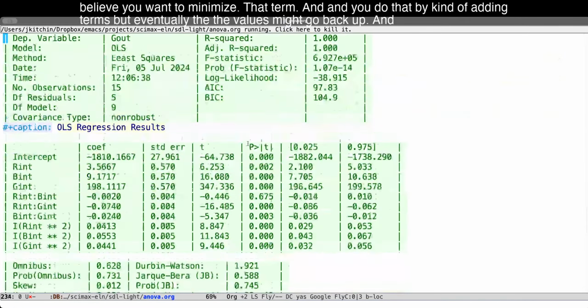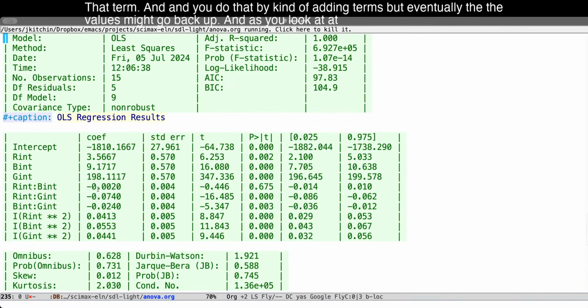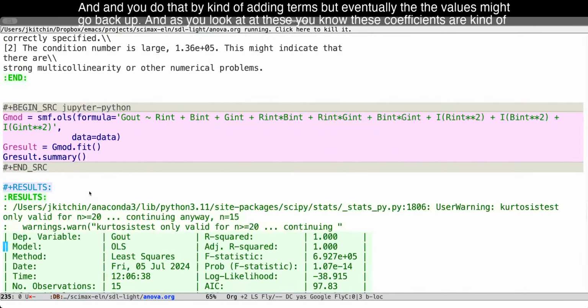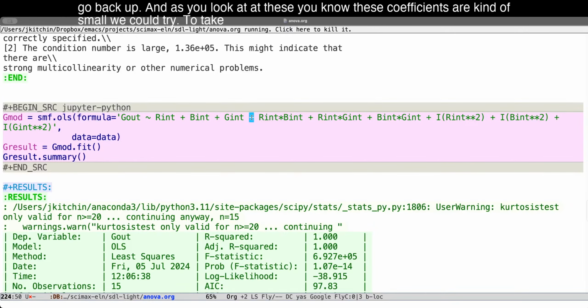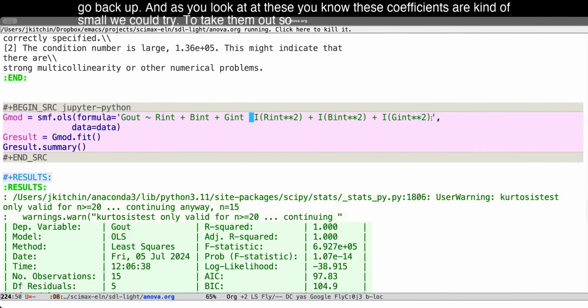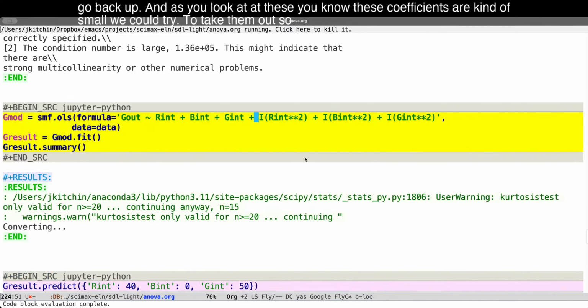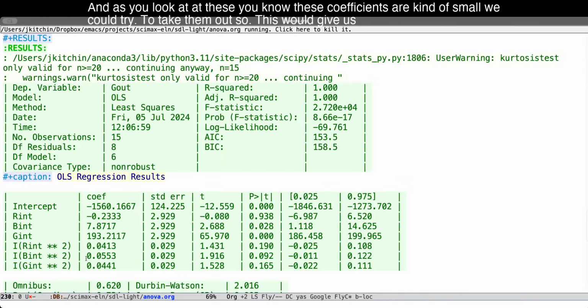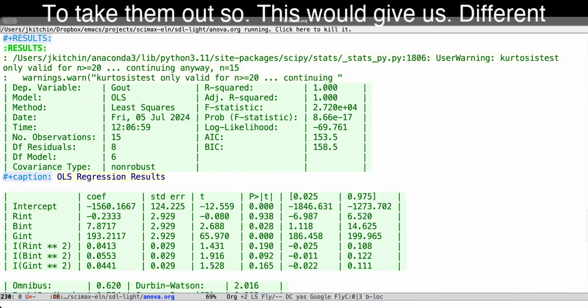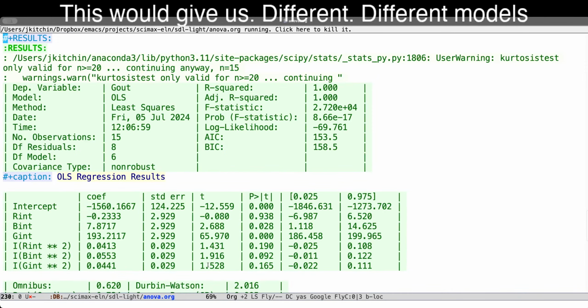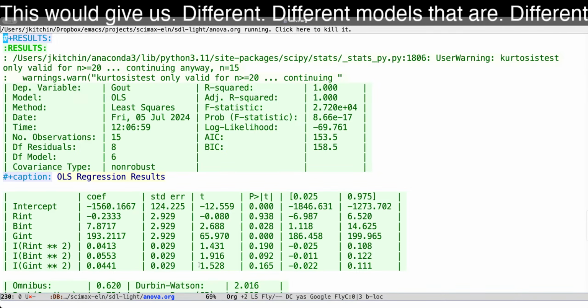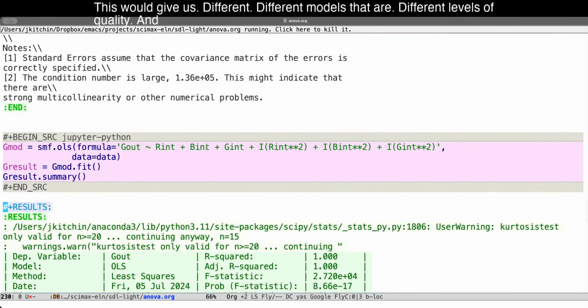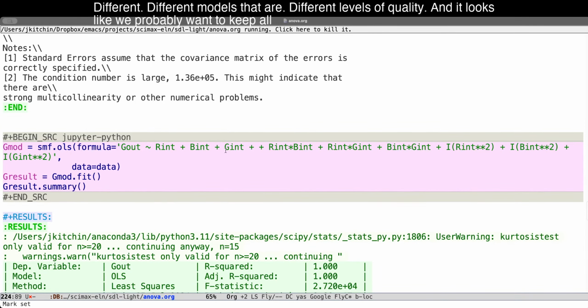And as you look at these, these coefficients are kind of small. We could try to take them out. So this would give us different models that are different levels of quality, and it looks like we probably want to keep all of those in there.